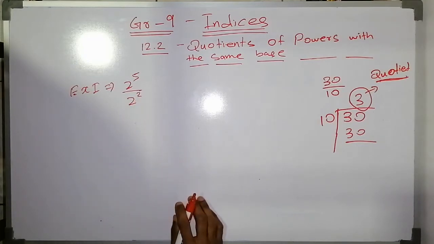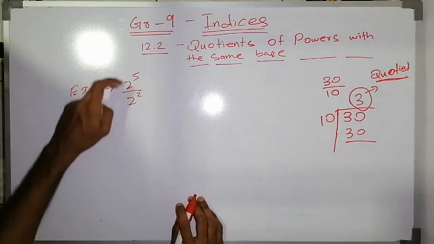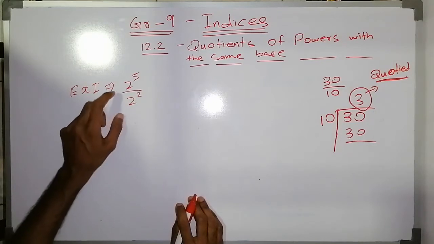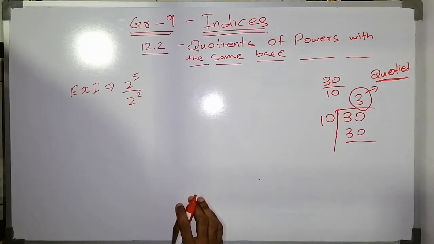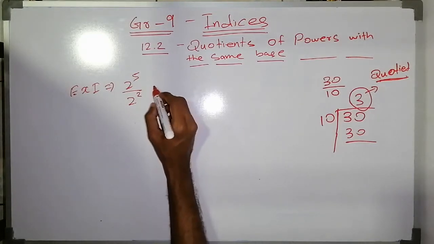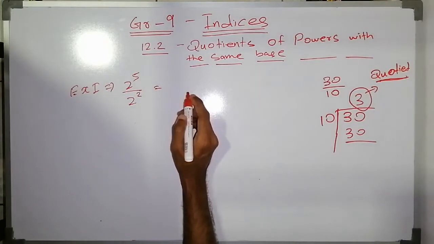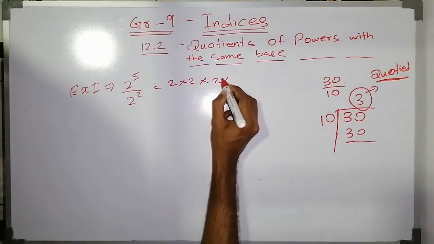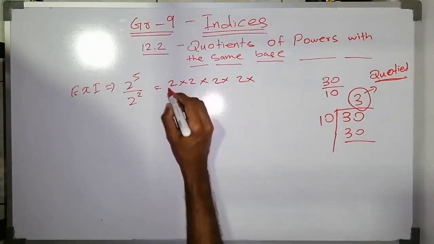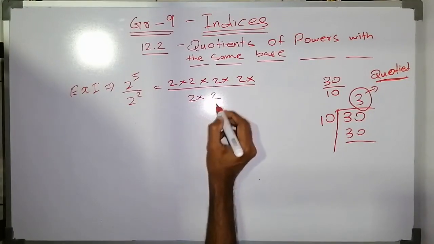So what is the answer? 2 to the power 5 and 2 to the power 2 both have the same base 2. In grade 8 we simplified this question like this. 2 to the power 5 means we have to expand it: 5 times 2 over 2 times 2.